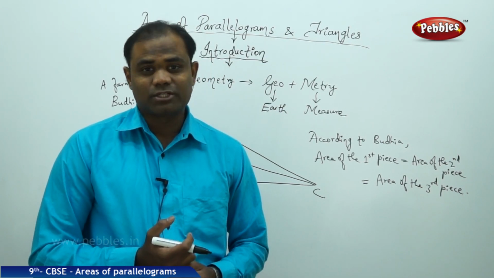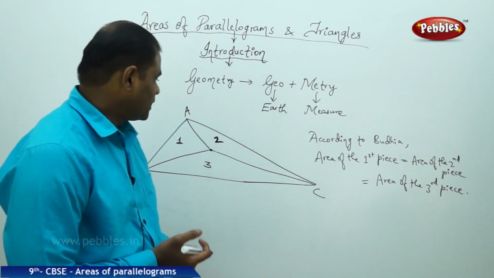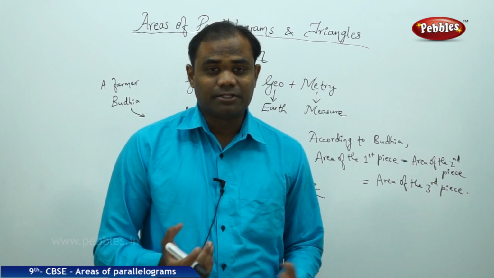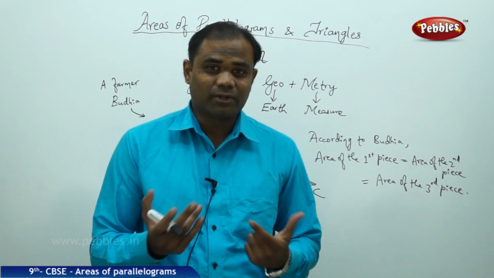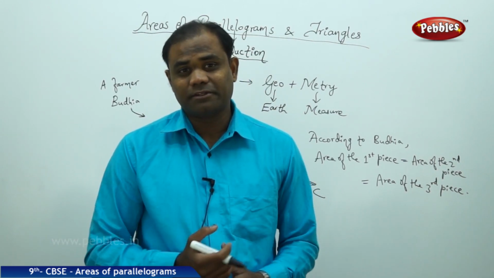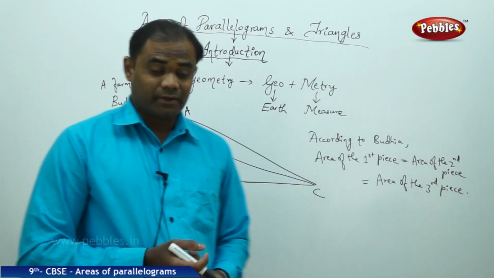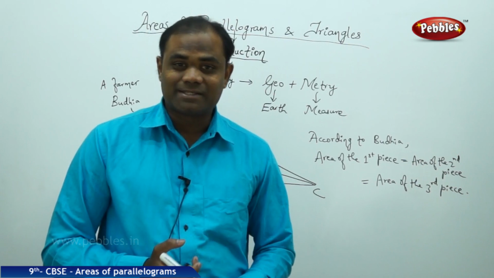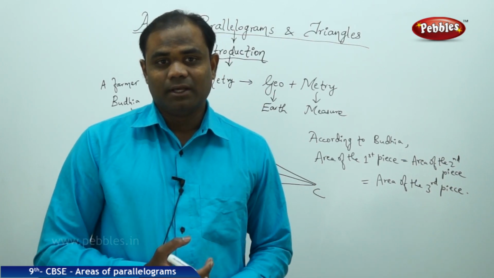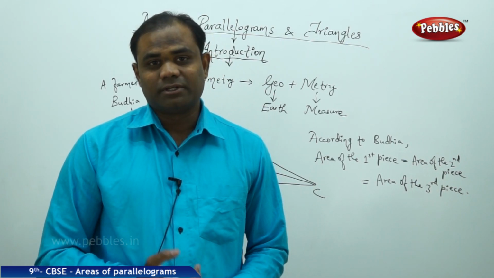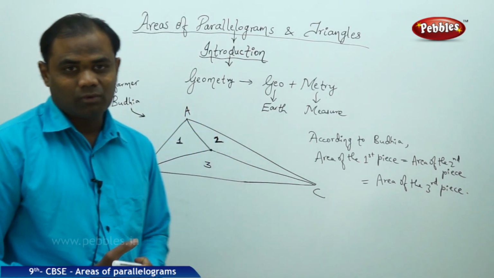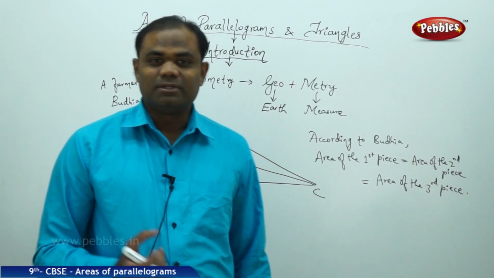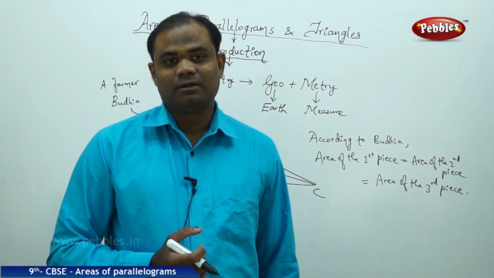But here the biggest question comes: how do you prove mathematically that these three are equal? Is it that they are just convinced that they are equal without any proofs and justifications? Or is it that Budhia could really justify the three pieces of land being of exactly equal areas? Here comes the investigation in mathematics about how we can find the areas of equal pieces within the triangle.